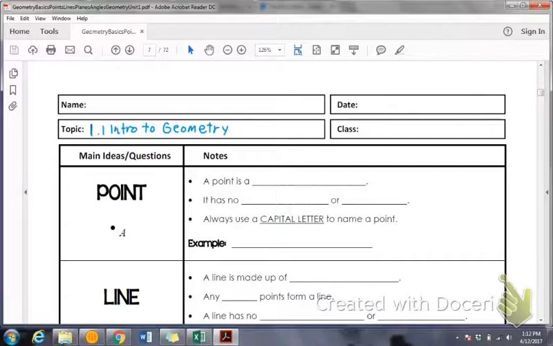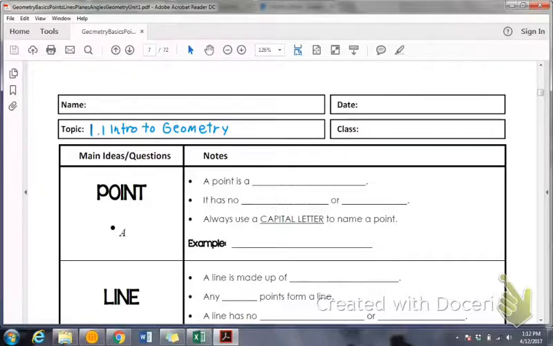Okay? So a point is a location. I'm teaching this geometry class as if you have no idea what a circle is, you have no idea what a square is. We're just going to pretend that you don't know what these things are.